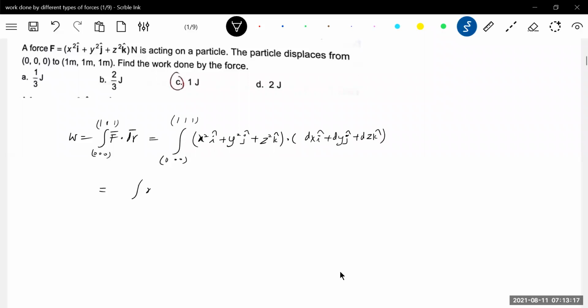So this will become x square dx, y square dy, z square dz, from (0, 0, 0) to (1, 1, 1). I think this will integrate.